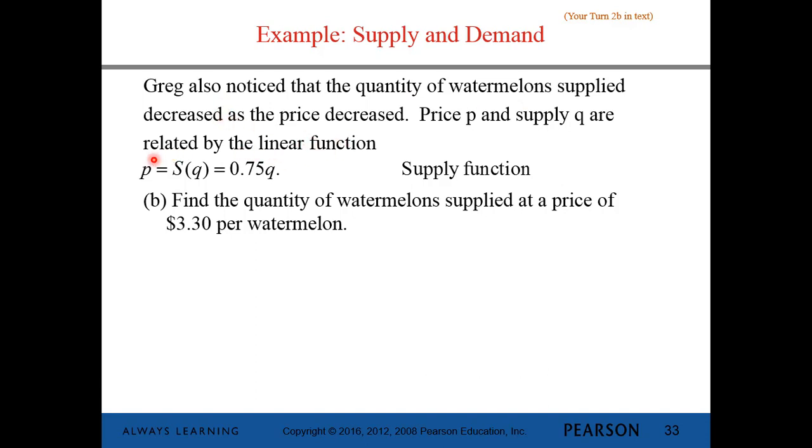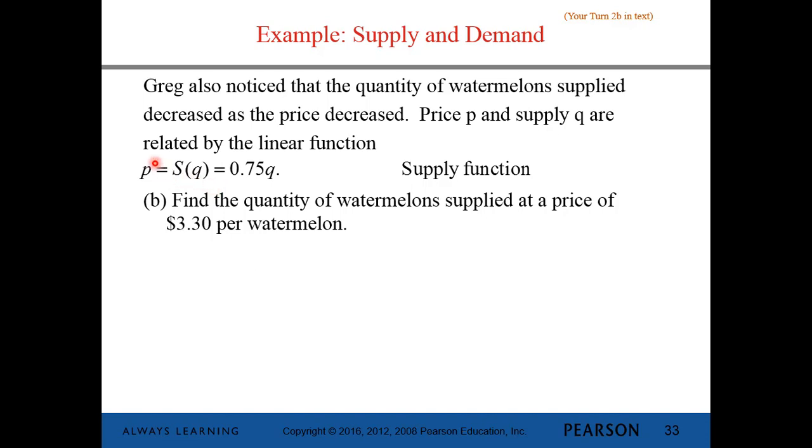Let's say this is the linear function: price is equal to the supply function, which in this case is 0.75 times Q. Now, we want to find the quantity of watermelons supplied at a price of $3.30. So based on the supply function, how many watermelons are supplied by the company if the price is $3.30?